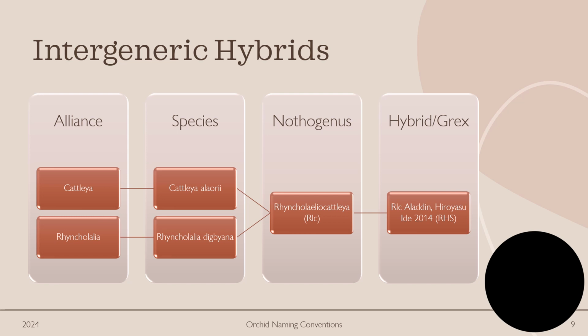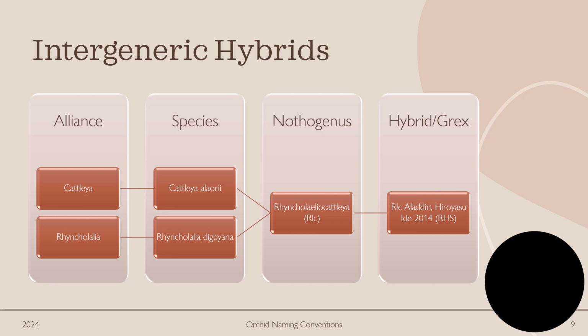We shorten that name to RLC. You will see orchids everywhere online named as RLC. That is the cross between a Cattleya and a Rhyncholaelia. That RLC is then given a name and registered with the RHS.